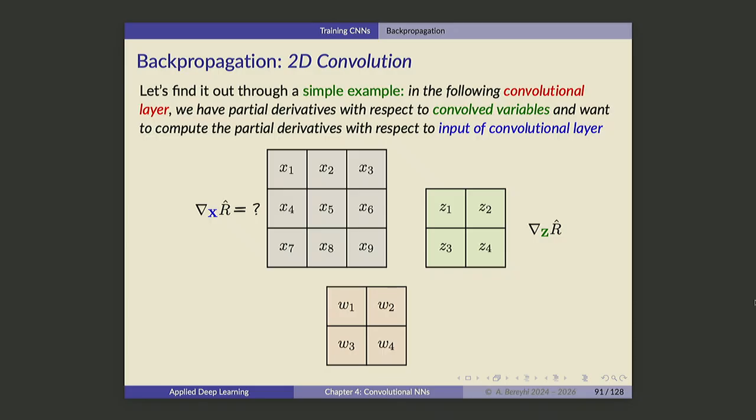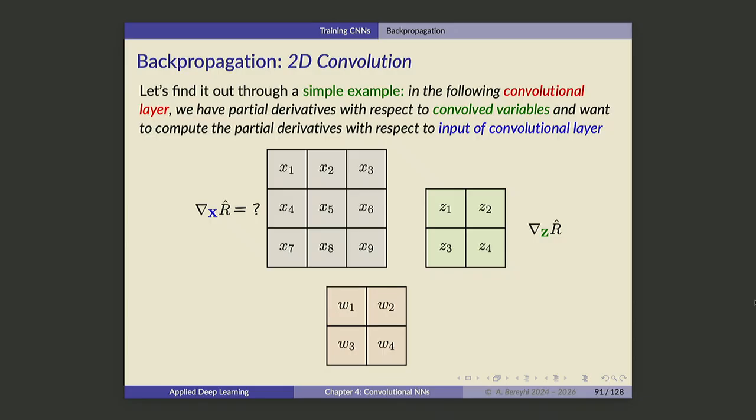Because I have the gradient with respect to all these entries at the output, and from that one, I want to get back to the gradient with respect to x1, right? I would say x goes through convolution, gives me z. z gives me the loss at the end, right?